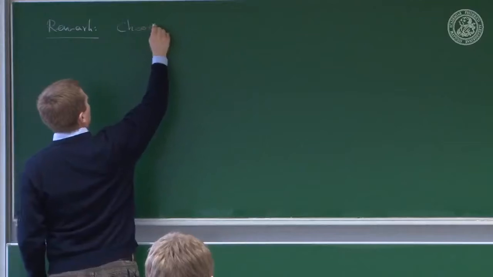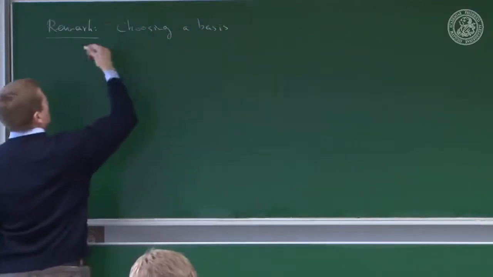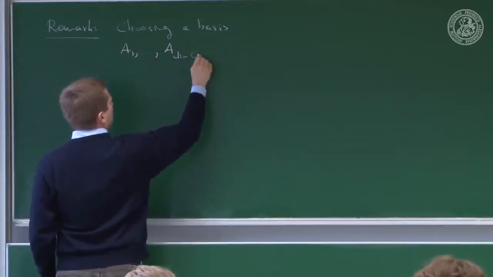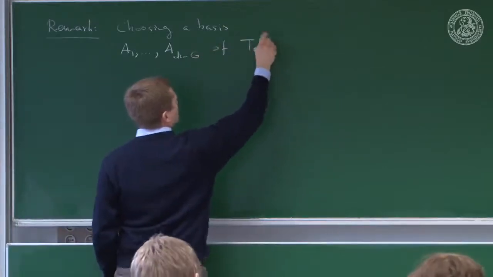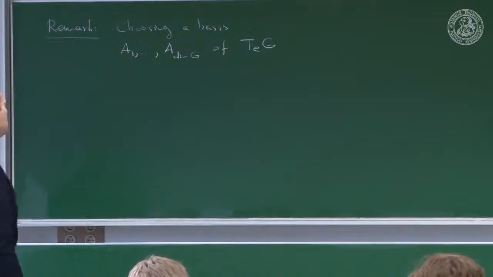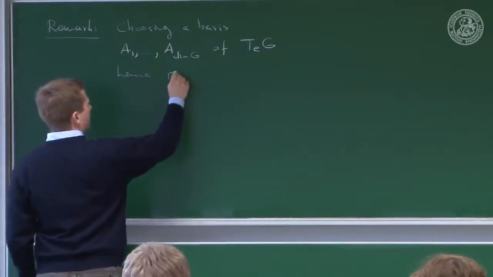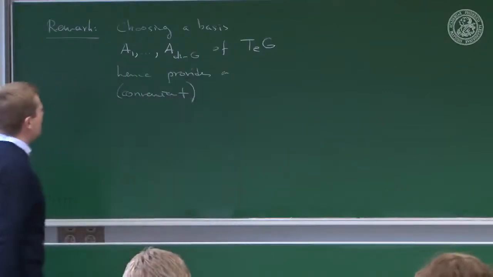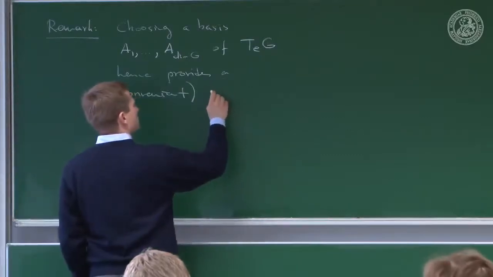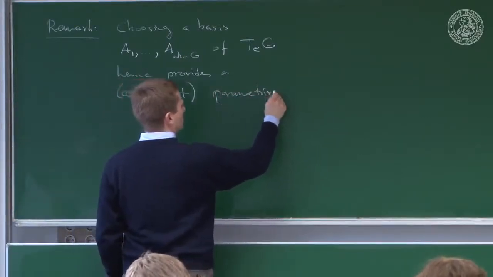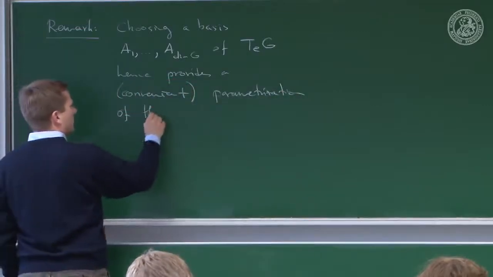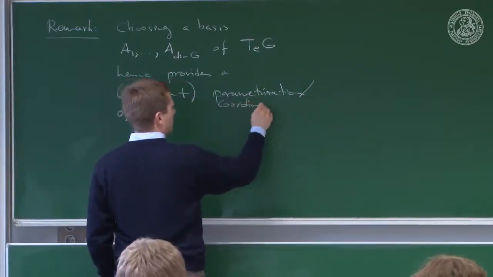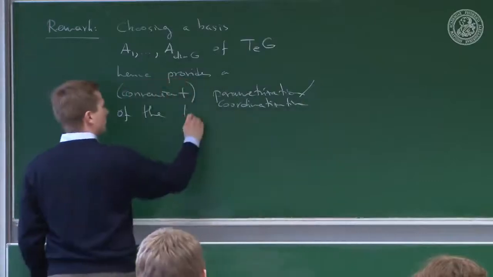Choosing a basis A_1 to A_dim G of the tangent space at the identity, choosing a basis there, hence provides a, let's say, convenient parametrization, or coordinatization, of the Lie group.